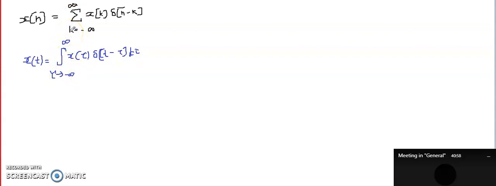And this k, dummy variable, let us represent it by tau, then it can be written like this. Okay, so it means that any signal, any continuous time signal can be expressed in terms of shifted impulse signal, both in discrete time domain as well as in continuous time domain.